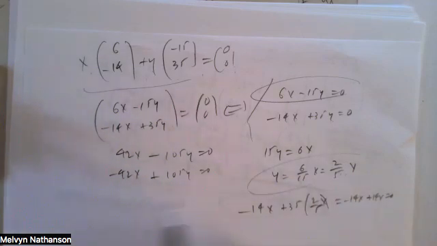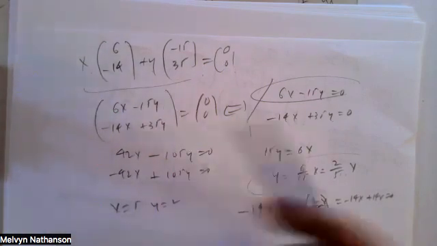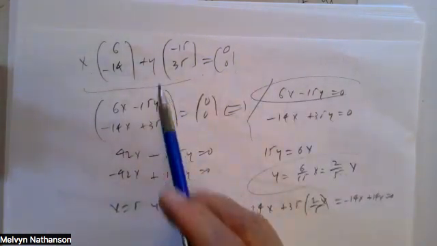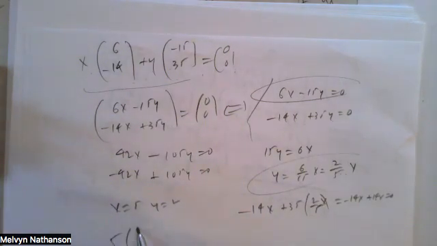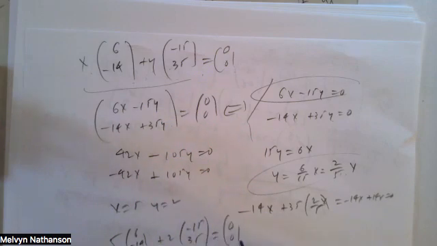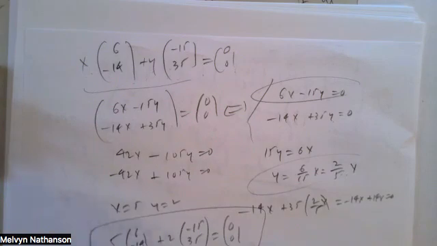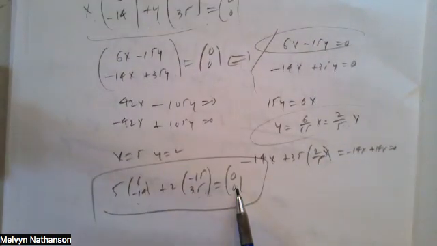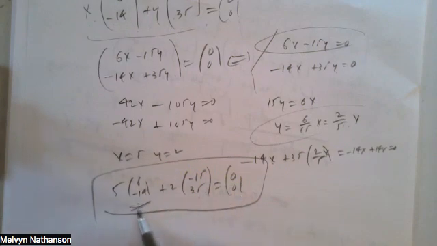So if I want to avoid fractions, if I let x equal 5 and y equal 2, I get a non-trivial linear combination. In fact, I think that's exactly the linear combination I had before. So I have a non-trivial, non-zero linear combination of these two vectors that produces the 0 vector. So by definition, these two vectors are linearly dependent.